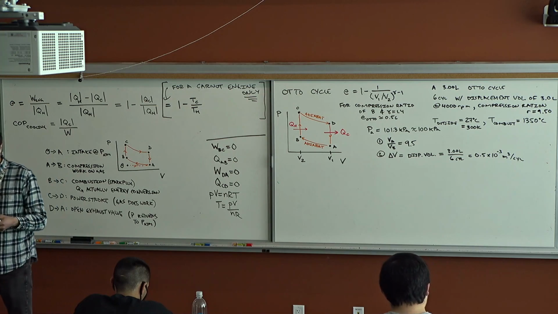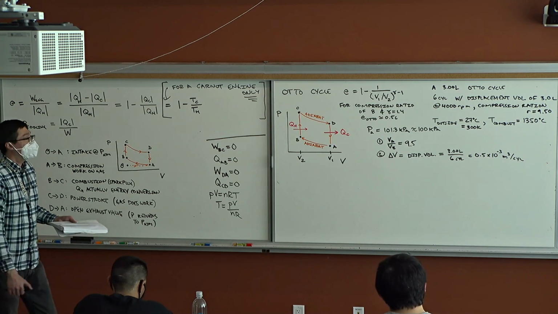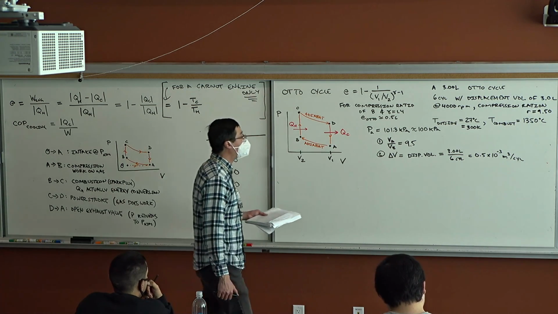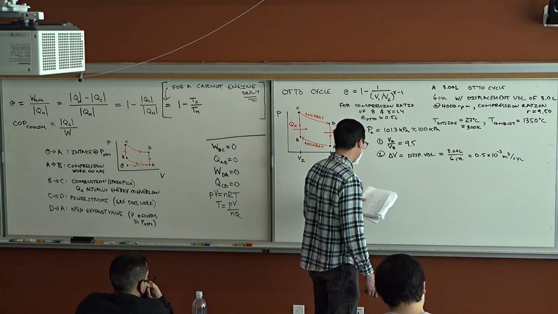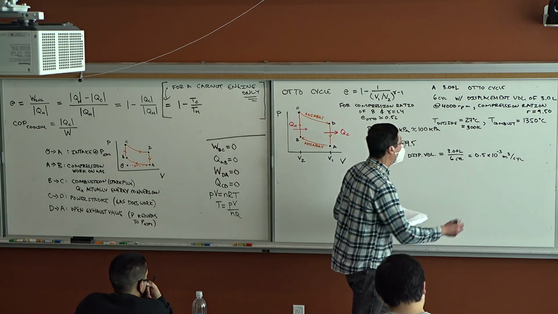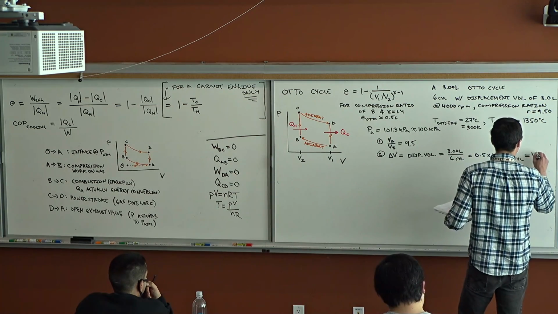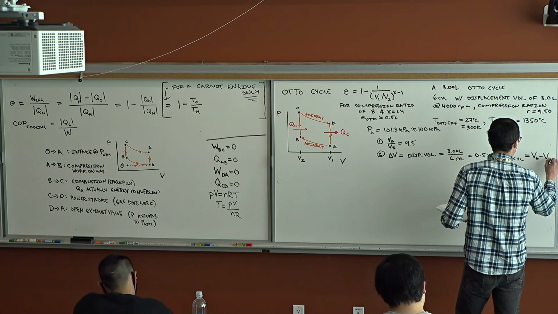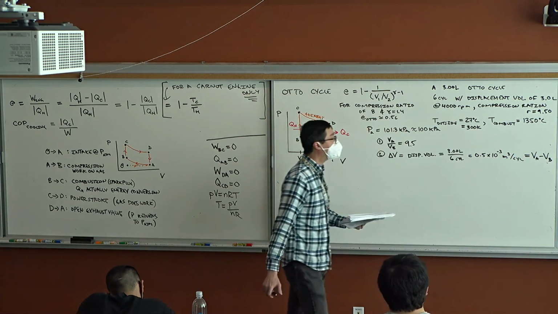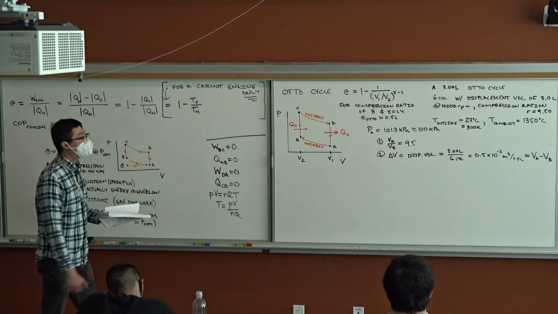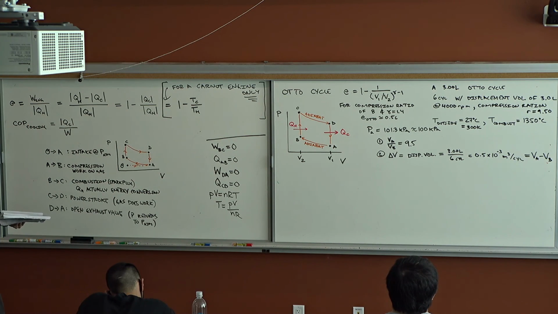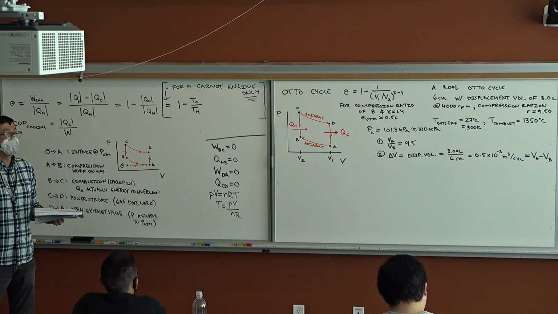Is that all right? So one thing that we know is that VA minus VB is 0.5 times 10 to the minus 3 cubic meters. And we know that VA divided by VB is 9.5.